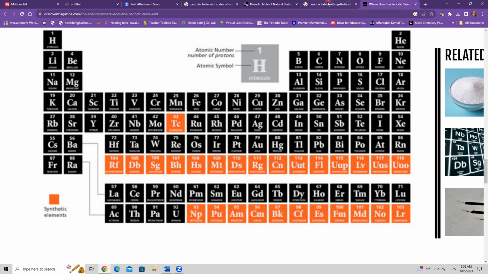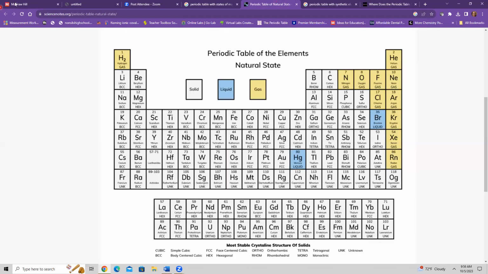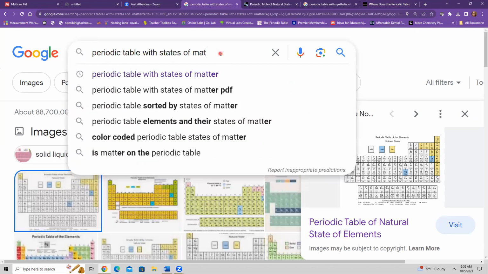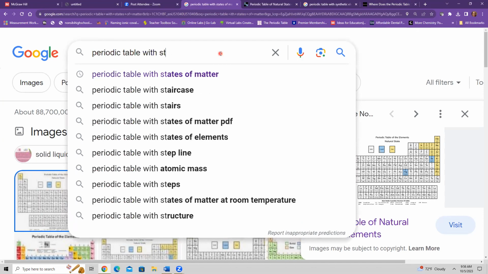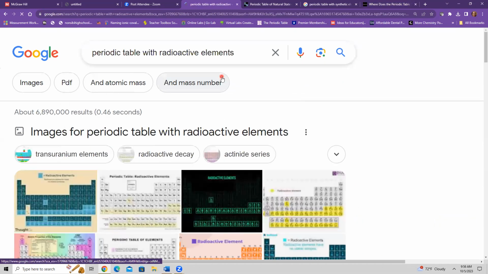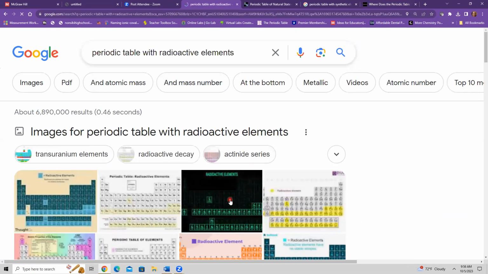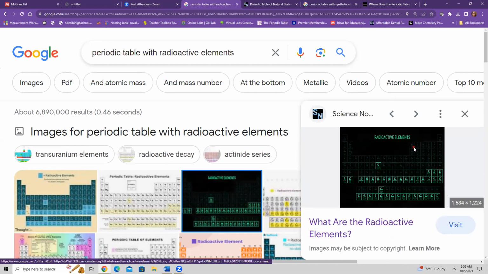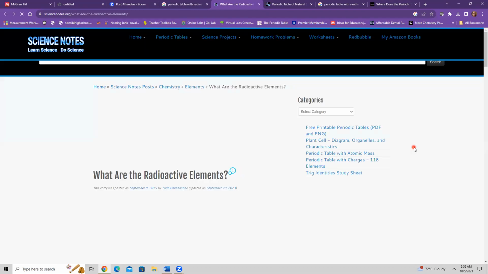All right. The last one we're going to look for is a periodic table with radioactive elements. There we go. And that's the one I like to look at because it is much better as far as you can see which one's which.